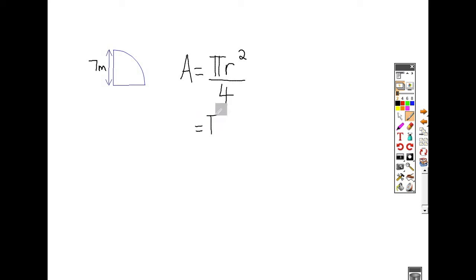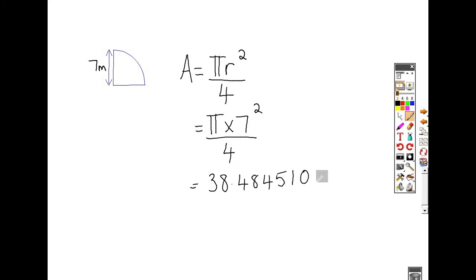Slotting in the numbers then, pi times 7 squared, all divided by 4. Onto your calculators, pi times 7 squared equals, and then divide all that by 4, gives me 38.48451001, which to 2dp, 38.48 metres squared.